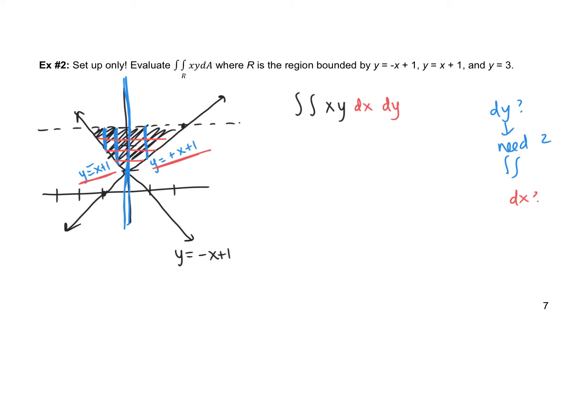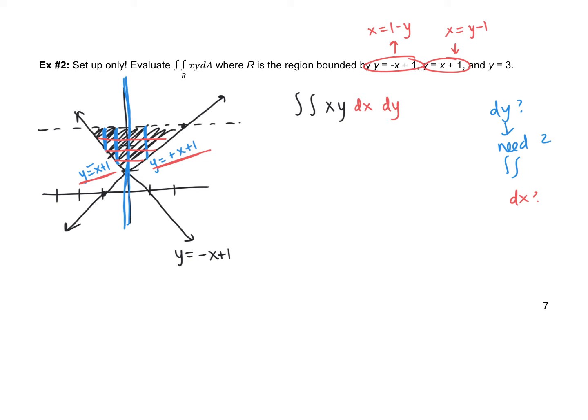If we integrate with respect to x first, that means we need x equals. So we need to solve both of these lines in terms of x. So this one will be x equals 1 subtract y. This one will be x equals y minus 1.